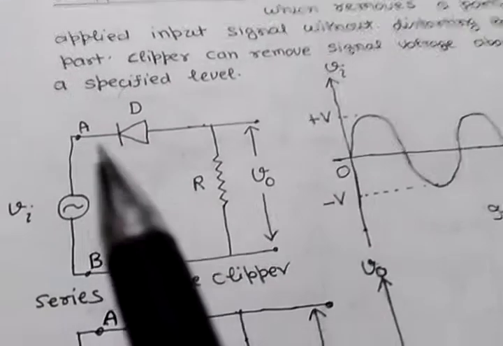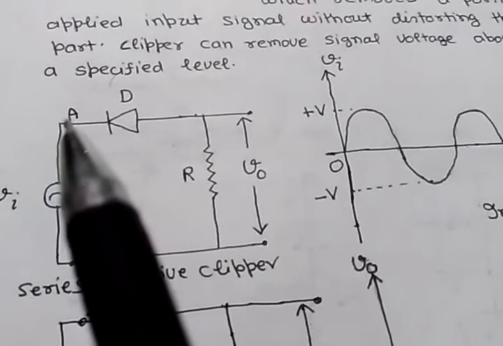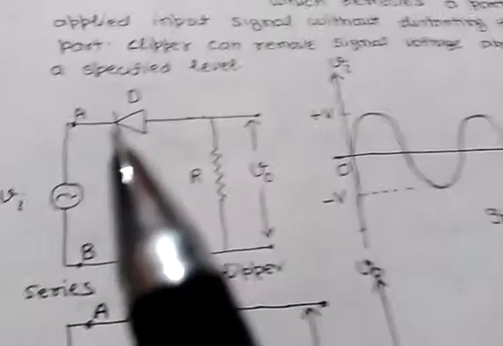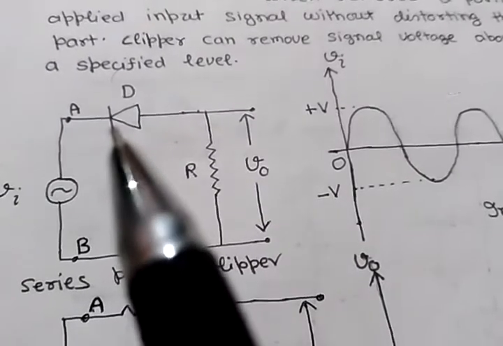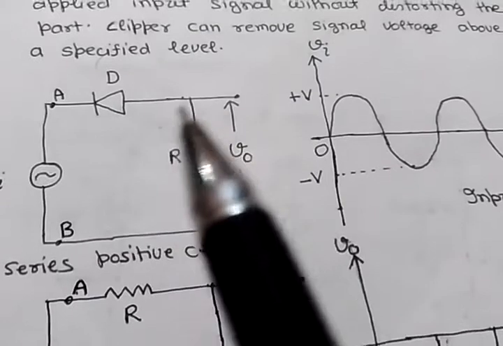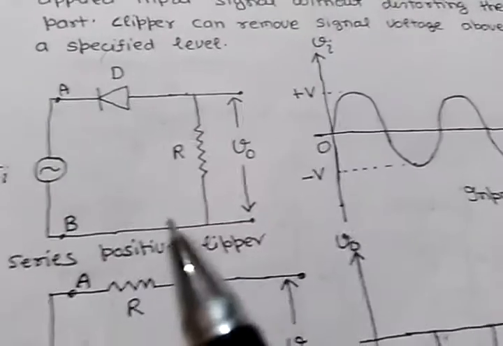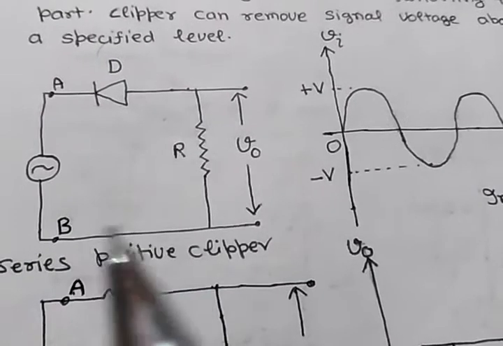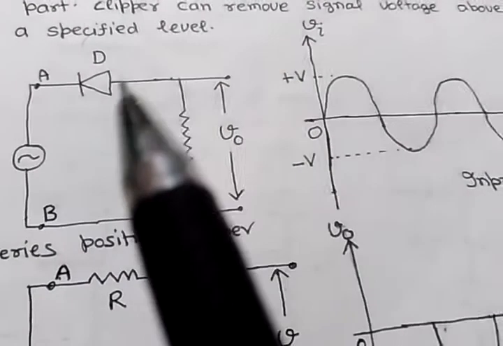Consider that in the positive half cycle, point A is positive with respect to point B. In this case, the N region of the diode is positive and the P region of the diode is negative, because the B terminal is negative and it is connected through the resistance R with the P region of the diode.